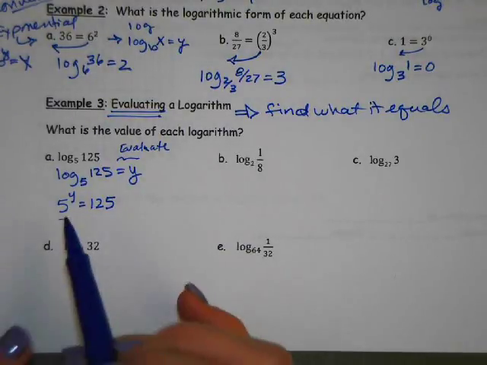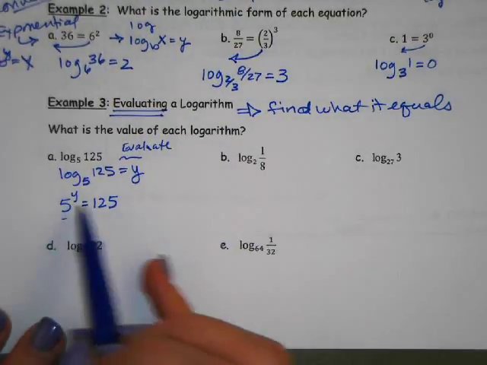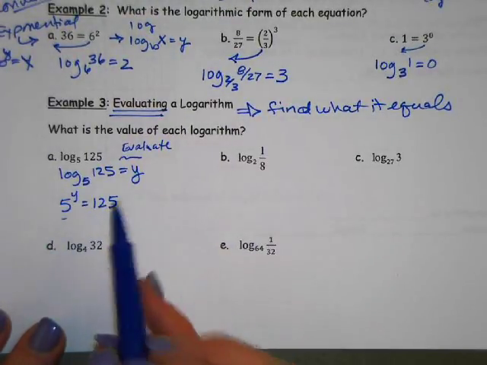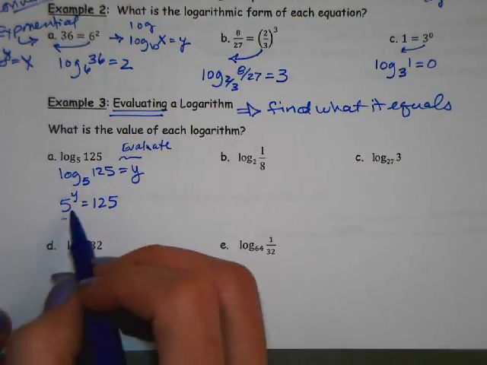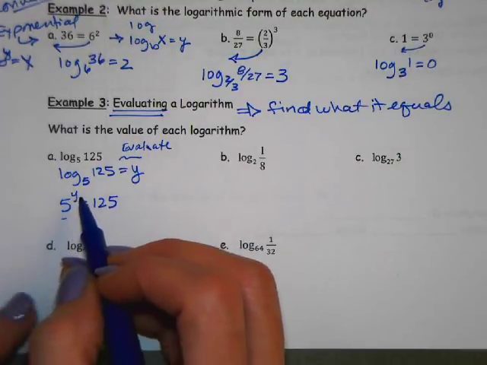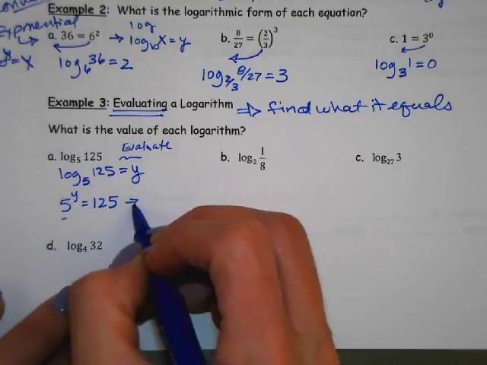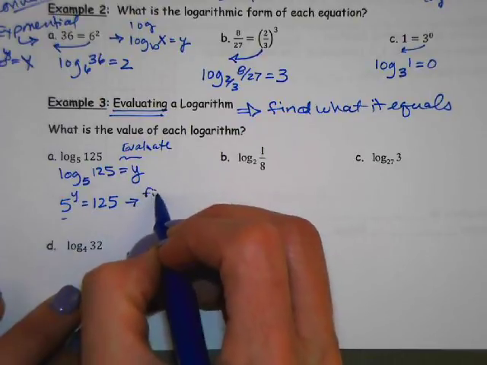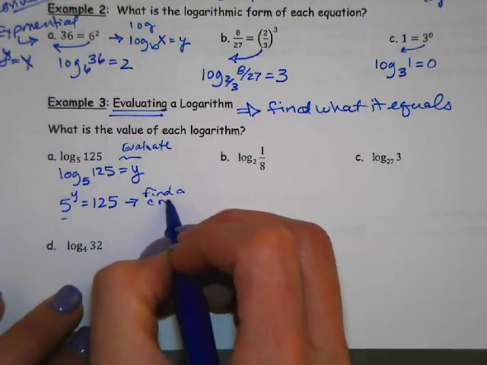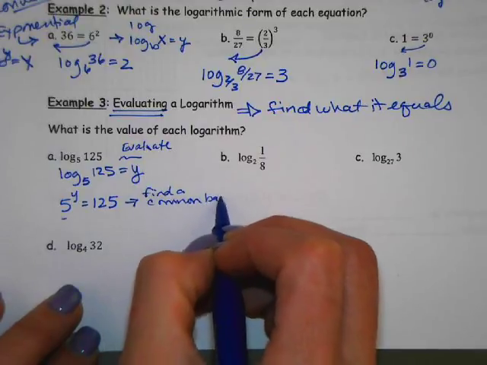When you have something like this and you're trying to solve for an exponent, you can't solve for an exponent like this. So what we do is we convert to the same base. So when you have a number with the exponent as the variable, you want to find a common base.